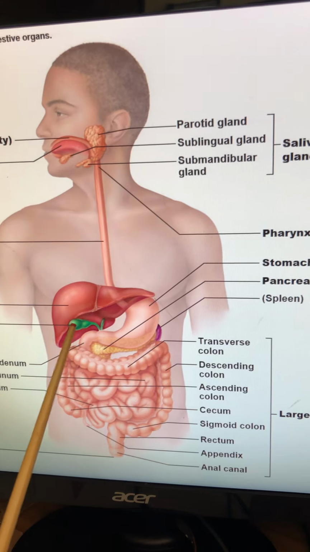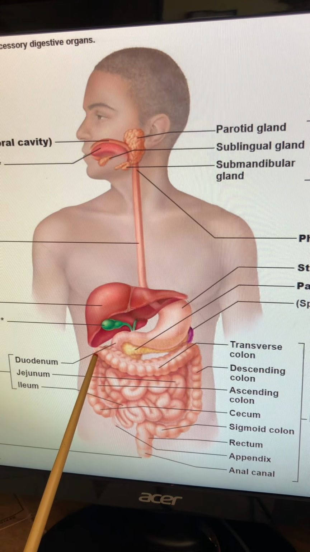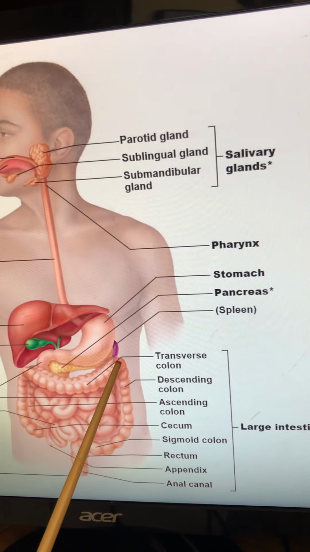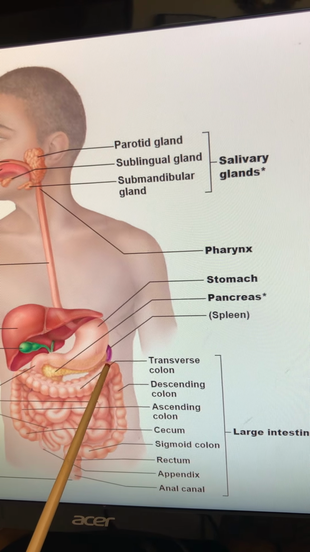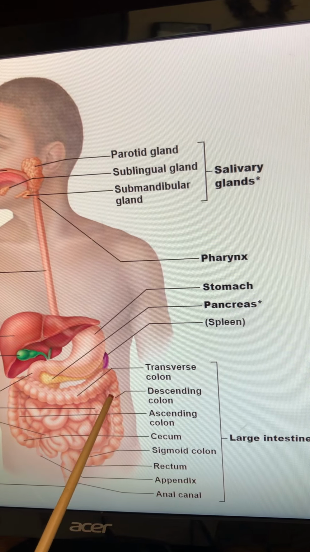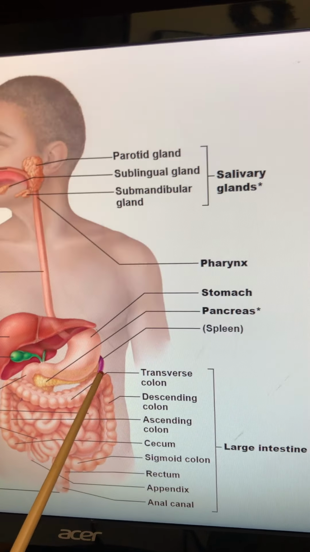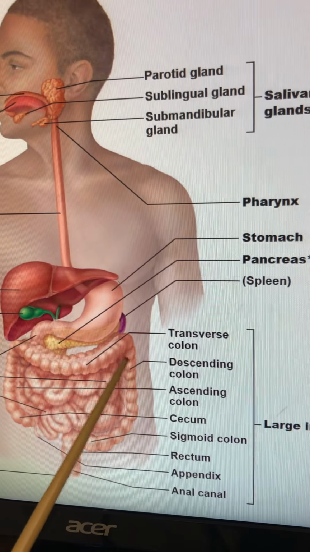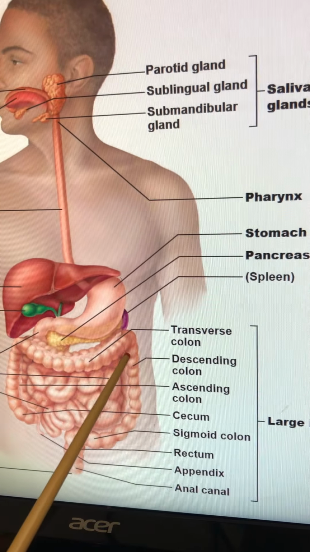And the bend here is the right colic flexure, or it's called the hepatic flexure. When we finally bring our food all the way over to the left side, the bend here is then going to go downstream, which is the descending colon, and it's right here at the spleen that you can just see, and it's called the splenic flexure or the left colic flexure.